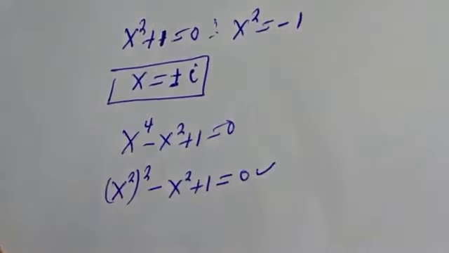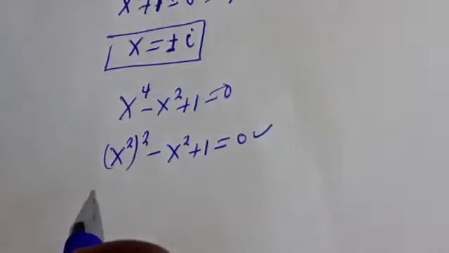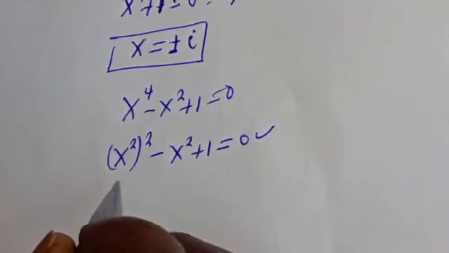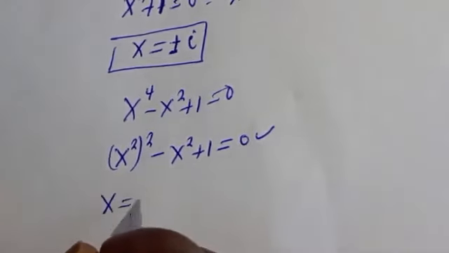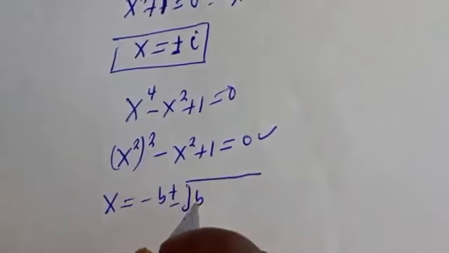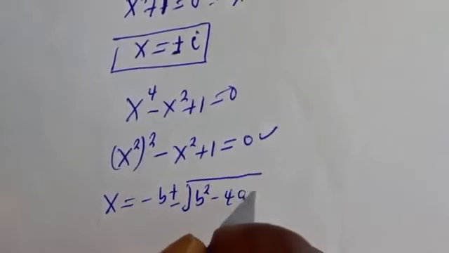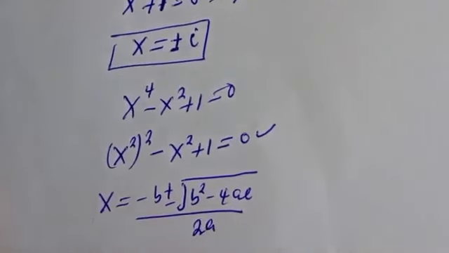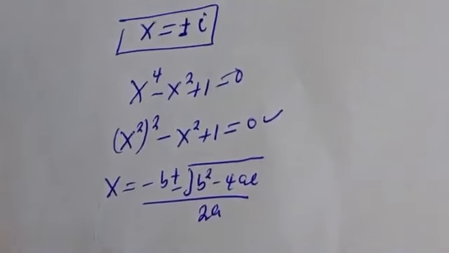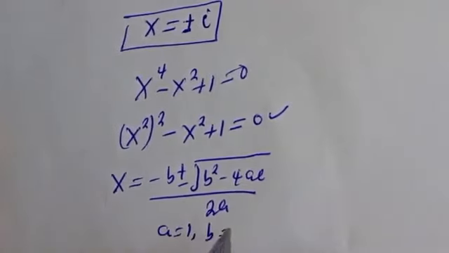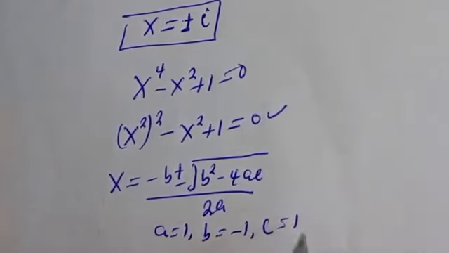This is a quadratic equation which can be solved using the quadratic general formula as well. And the quadratic general formula is given as s is equal to minus b plus or minus square root of b squared minus 4ac over 2a. Then a is equal to 1, b is equal to minus 1, c is equal to 1.